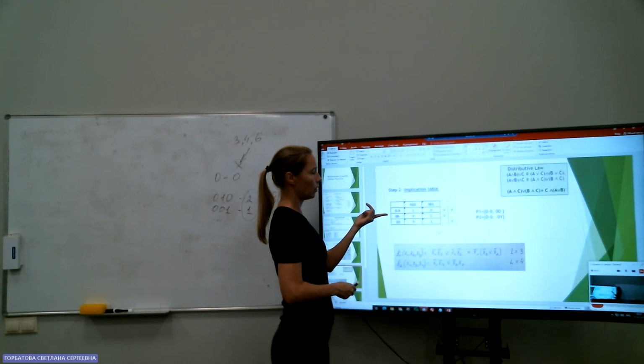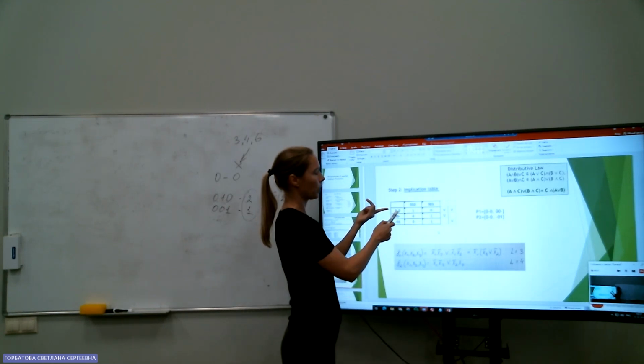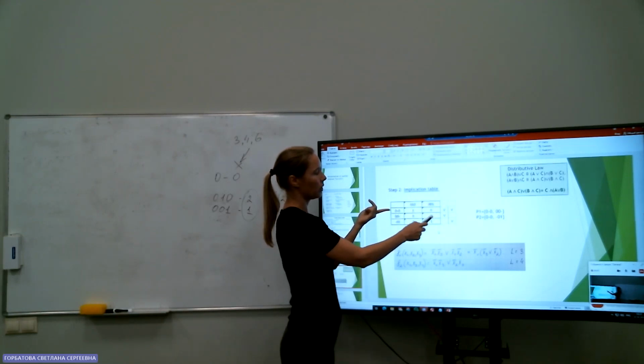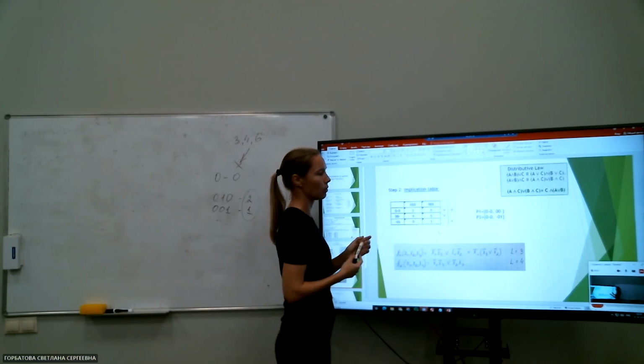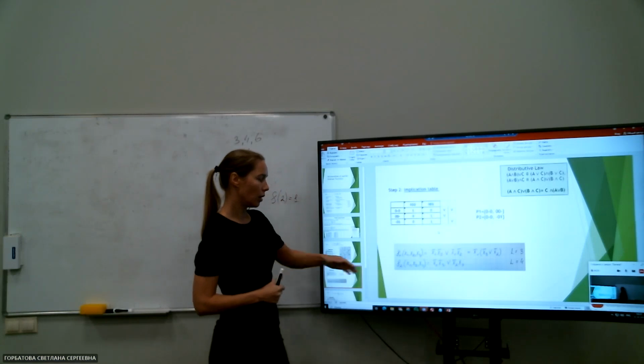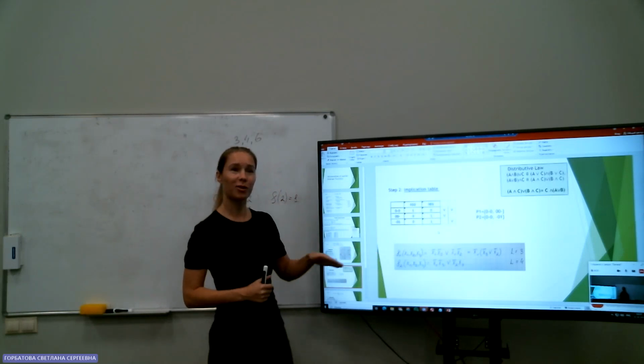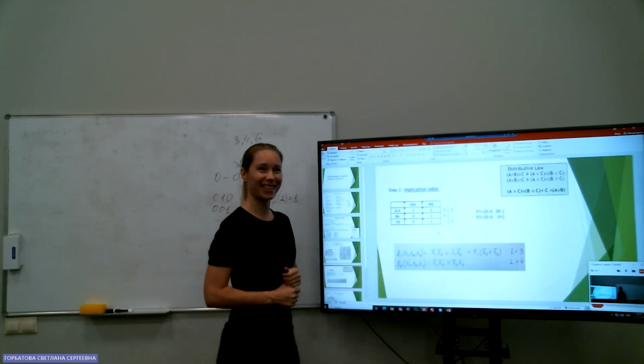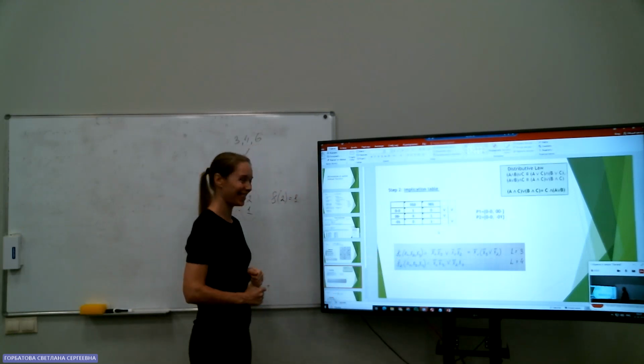And 2 variants, because for this column, this row, and for this column, this or this, 2 variants, and 2 functions. So you were absolutely correct and clever. Thank you.